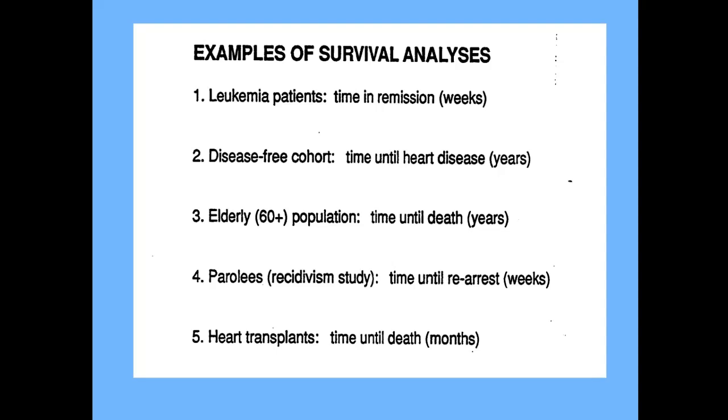If you're in that situation, you often have to wait until a transplant comes along that matches you in some way. And then the question still is, if you get a transplant, how long do you survive with that transplant, versus if you never got a transplant, how long do you survive? That's still a survival analysis question. Okay, so these are all examples.